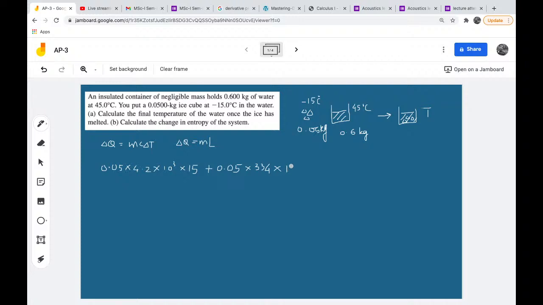I will write it as 334 into 10 power 3 because this is also in the order of 10 power 3 plus.